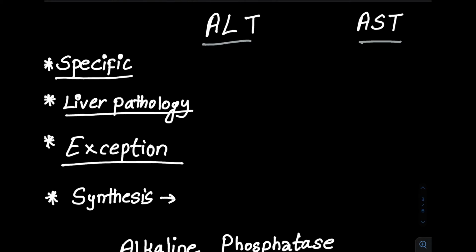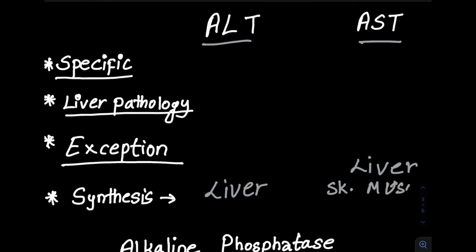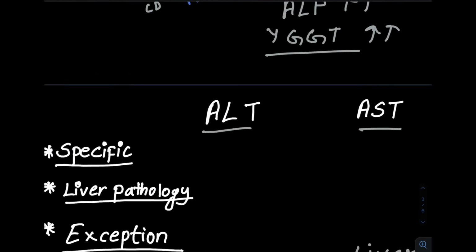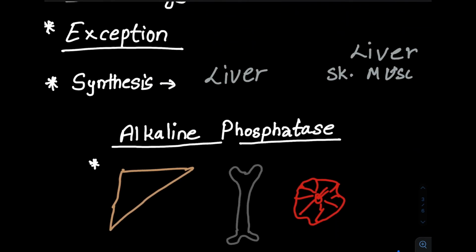Alanine aminotransferase and aspartate aminotransferase both are synthesized in liver, but apart from that, AST is also synthesized in skeletal muscle and heart.